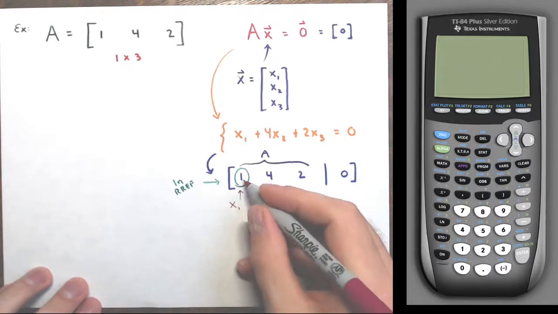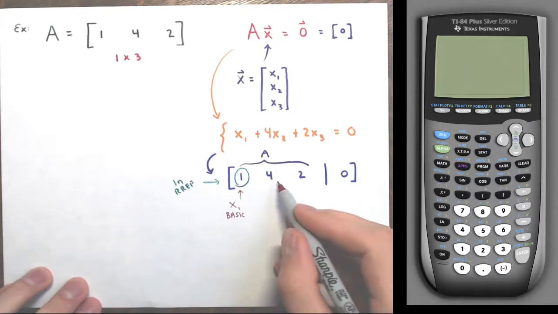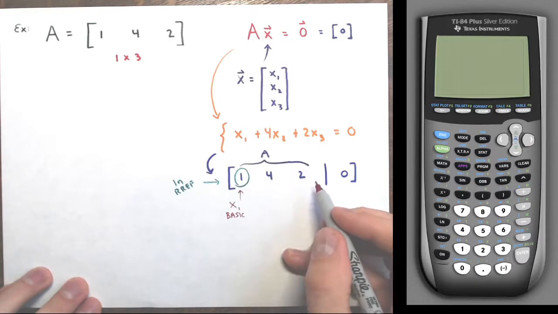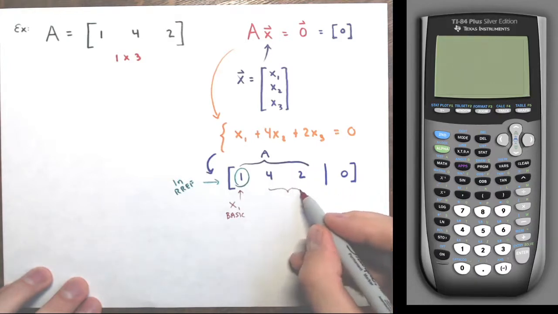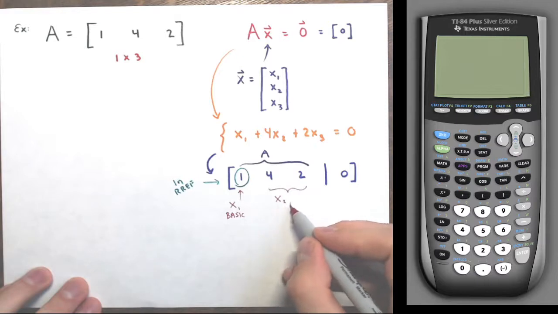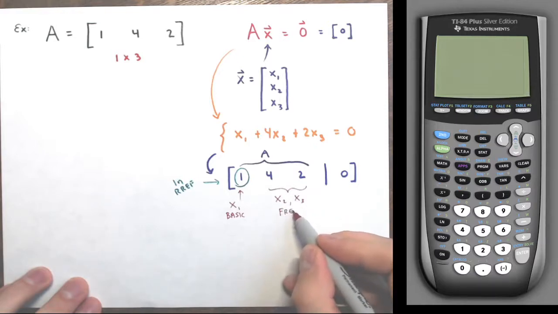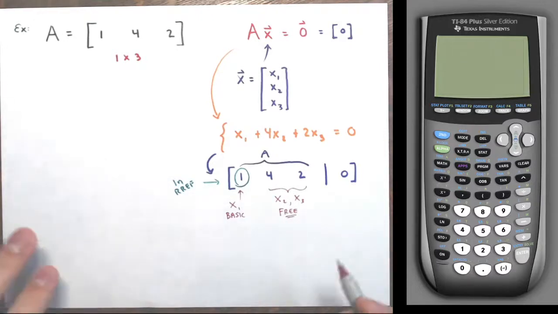Right, this is the first column here. x1 is basic. Okay, so then the other two columns are not pivot columns. They don't have the leading 1 in it. So x2 and x3 are both free variables. I can replace them with any numbers I wish.